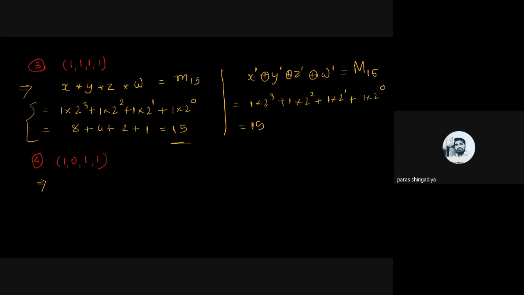So 1011. Clear? So the first expression of min term is x star y dash star z star w, otherwise x1 x2 x3 x4.